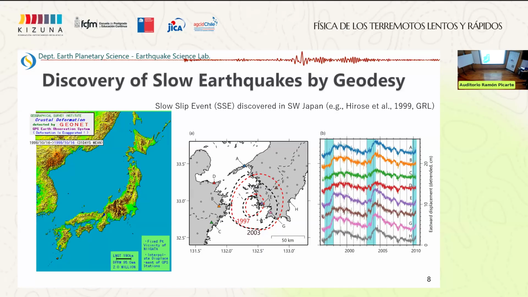So Japanese island is pushed east-west in this direction because Pacific plate is subducting from here to here. And also Western Japan is shrinking north-south direction because Philippine Sea plate is subducting from the south. Because of this subduction, Japanese island is deformed. And most of this deformation in the Tohoku area was released in 2011, big earthquake, magnitude 9 earthquake.